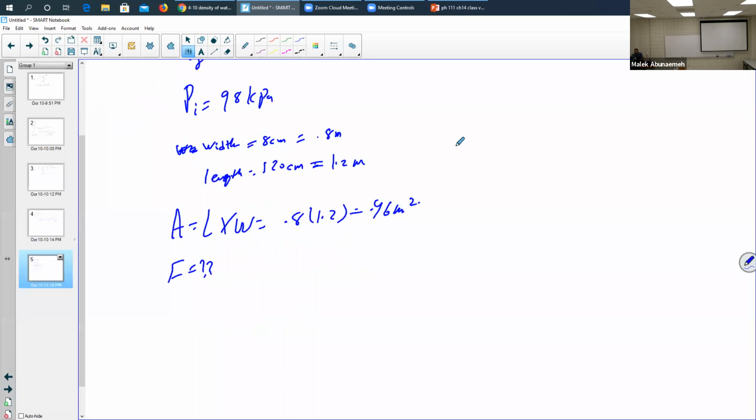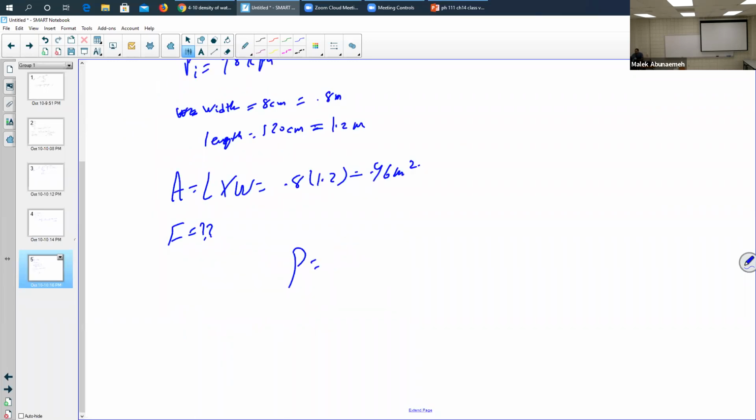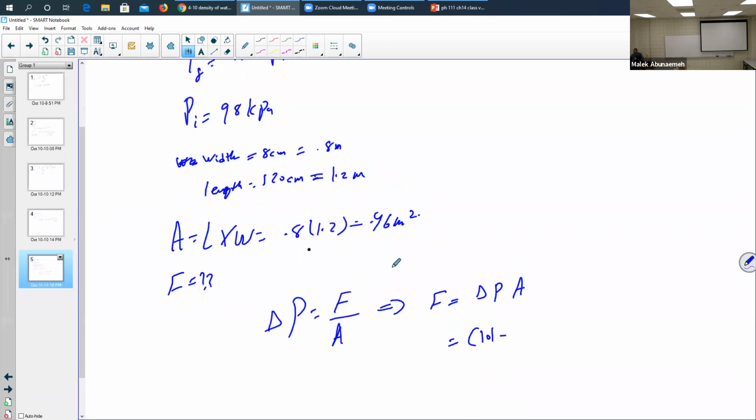Now we know that the pressure equals your force per area. So your change in pressure equals your force per area. That means your force is going to equal your change of pressure multiplied by your area, which is going to equal 101 minus 98 multiplied by your area, 0.96 meters squared.